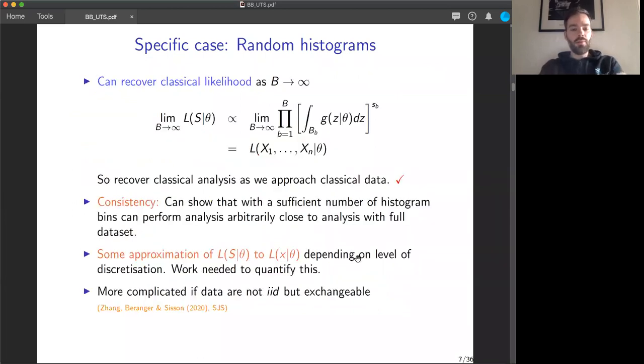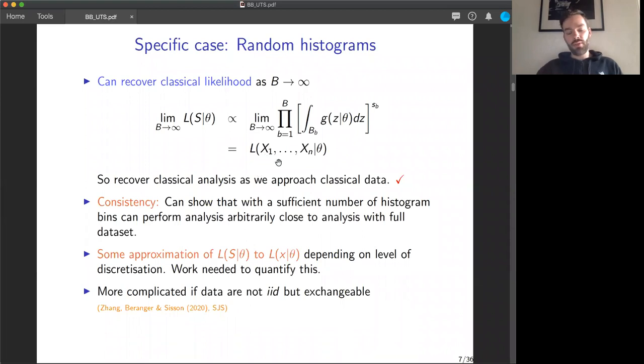Okay, so if we keep going, let's do the sanity check. What we can see is that if I increase the number of bins in my histogram, I will reduce the width of my bins to the point where they're going to reduce to single points. So if we reduce it to single points, some of them will have count 0 and others will have a count 1. And that way you can see that the integral will just become the density itself.